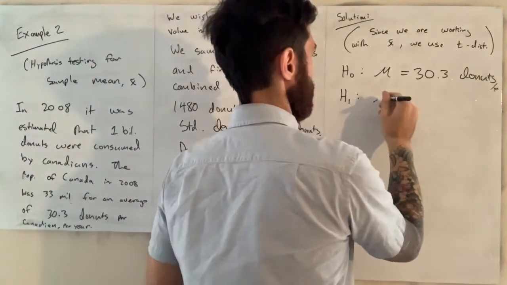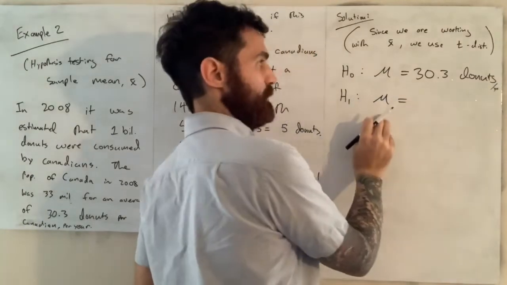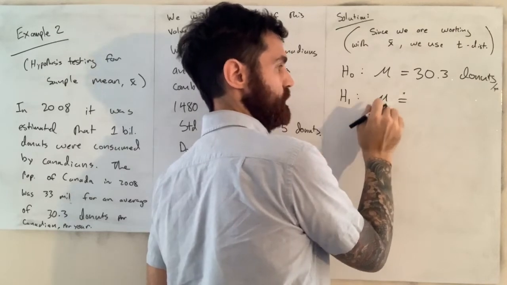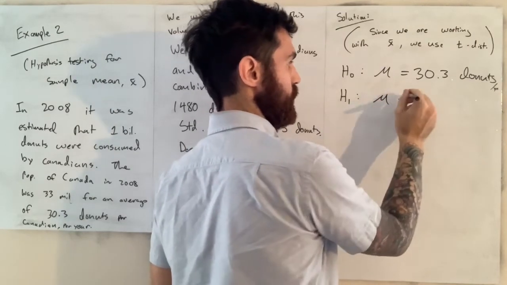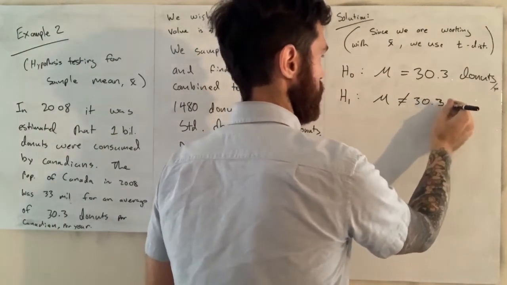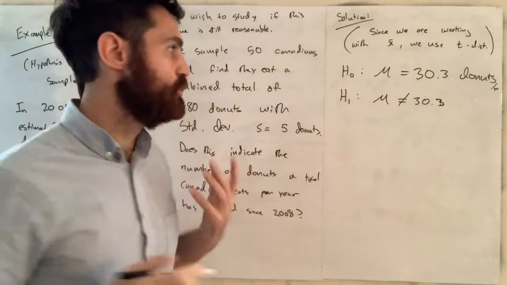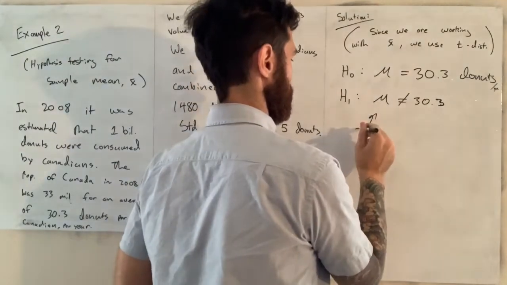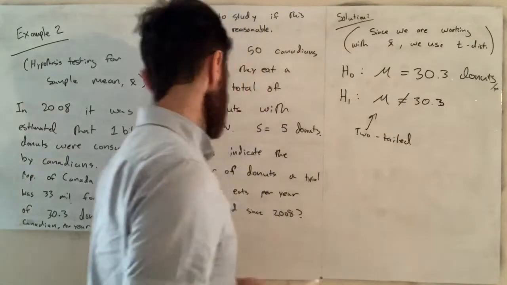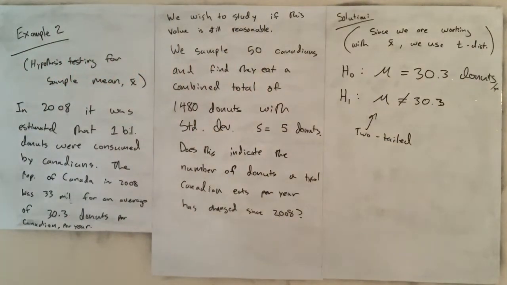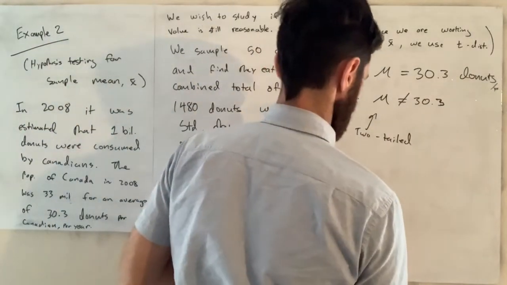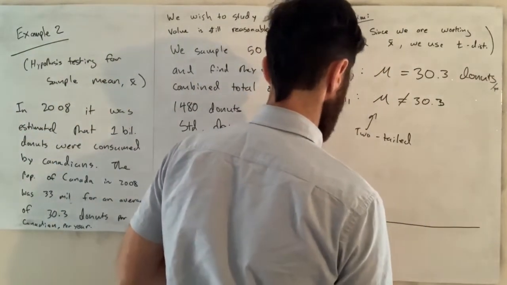So our alternative hypothesis is that the typical number of donuts a Canadian eats per year is not 30.3. So this is a two-tailed hypothesis test.